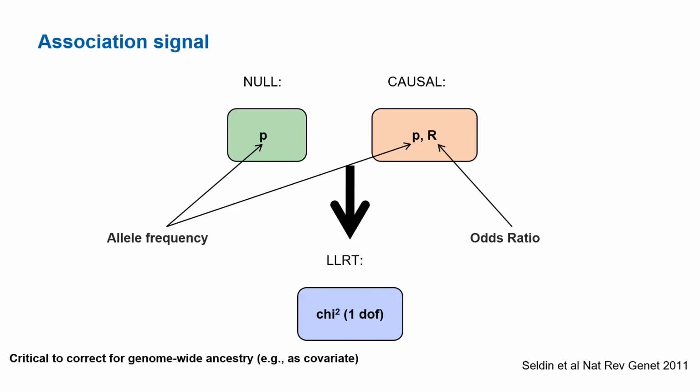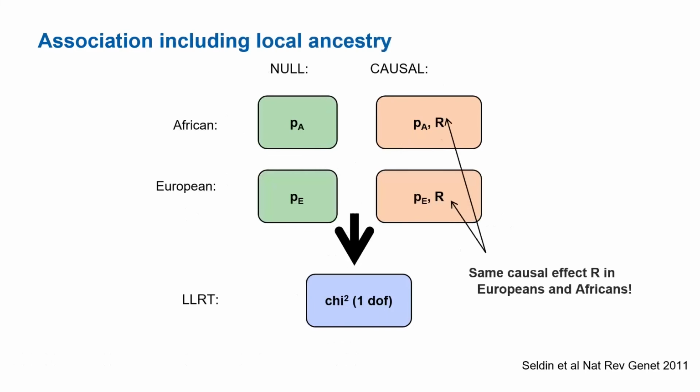And as I said before, it's critical for admixed populations to always correct for the genome-wide ancestry. Because admixed populations have alleles that appear in multiple backgrounds, we can actually disentangle this, and we can write a model in which the effect sizes are decoupled based on the local ancestry background.